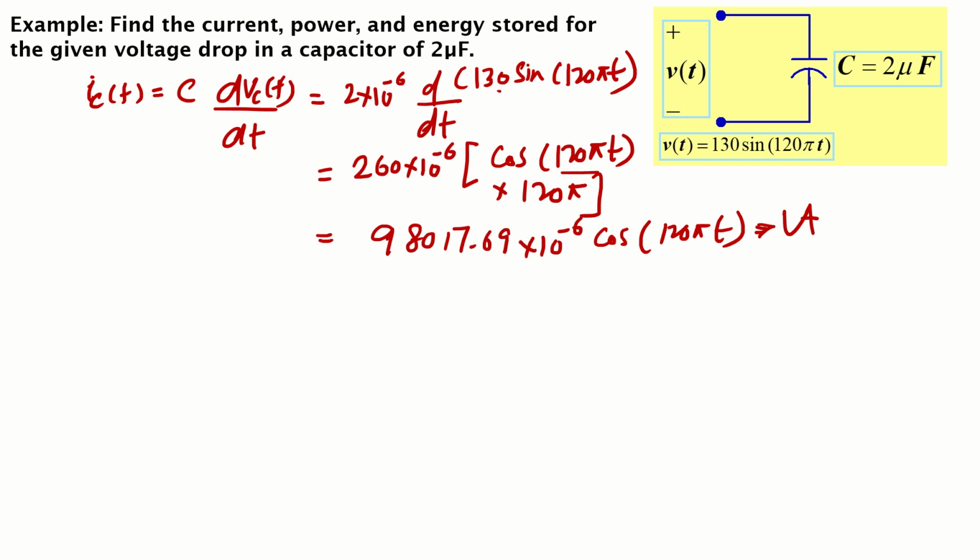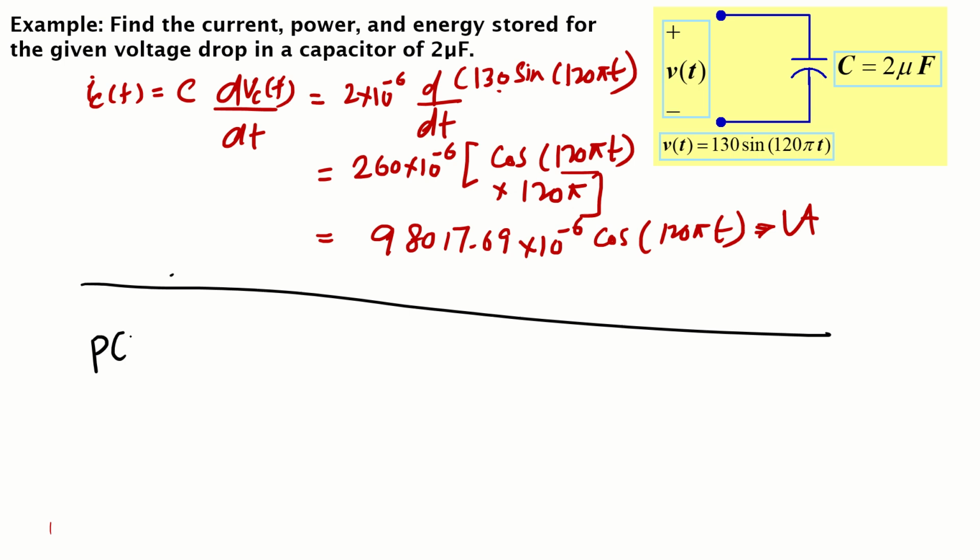The second thing is we need to calculate the power. That will be more simple. We have the voltage, so power is simply voltage multiplied with the current.